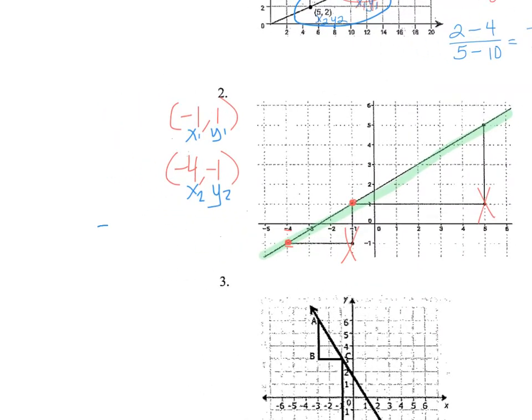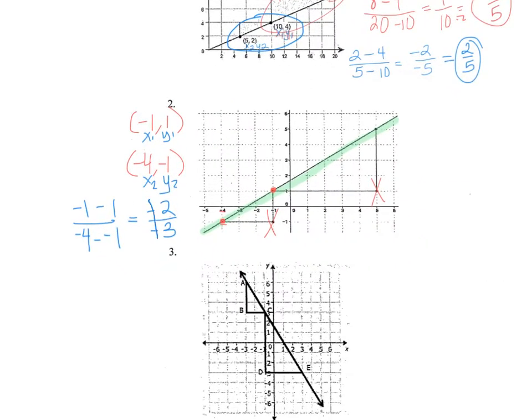So y2 minus y1 over x2 minus x1, which was negative 1, so I had to do minus negative. So negative 1 minus 1 is negative 2. And then negative 4 minus negative 1 is negative 3.